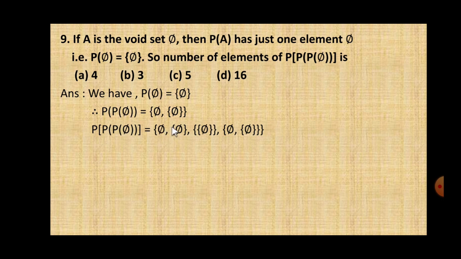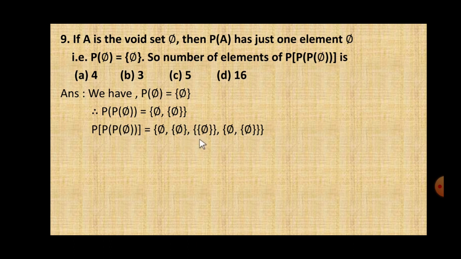The next one is the singleton set, because the same thing we get here. One is phi, again phi is there. While writing sets, the elements should not be repeated. So this phi and this term are both the same thing. We get only phi, you write it down, and then the second element you write down as it is, that is {phi}. So these are the 2 elements.